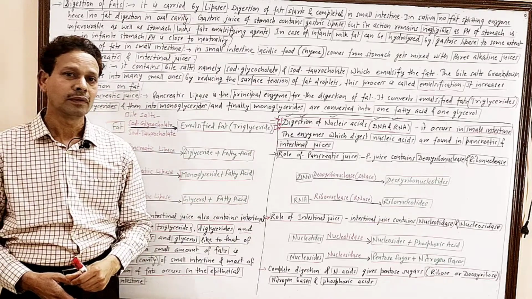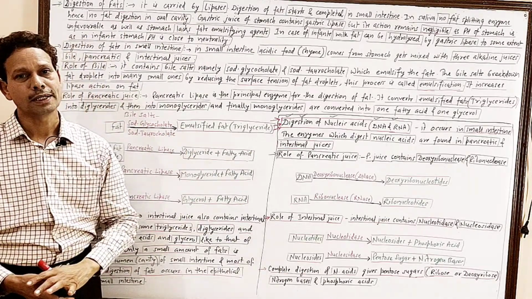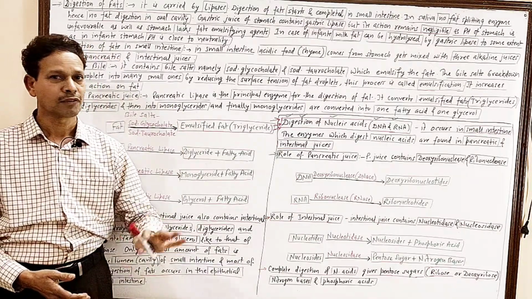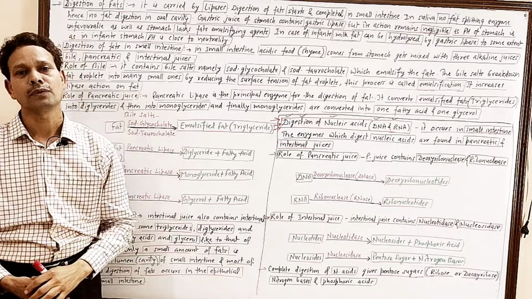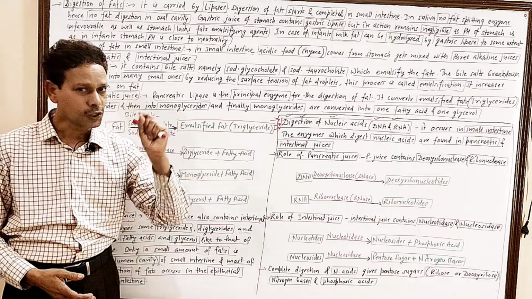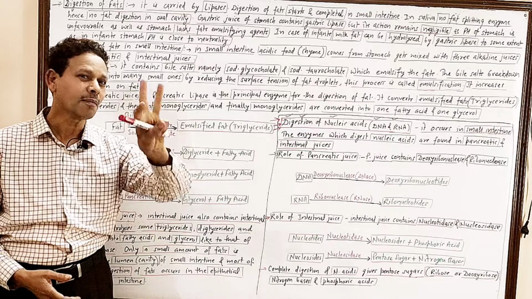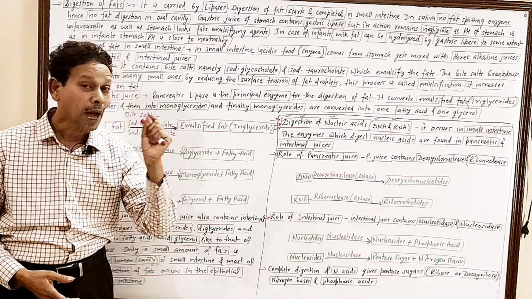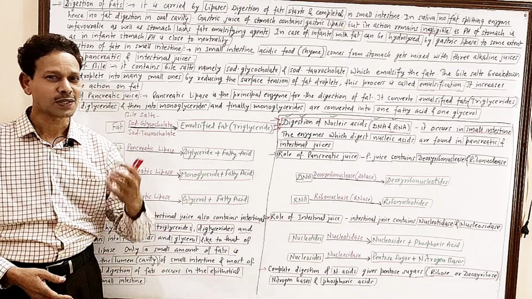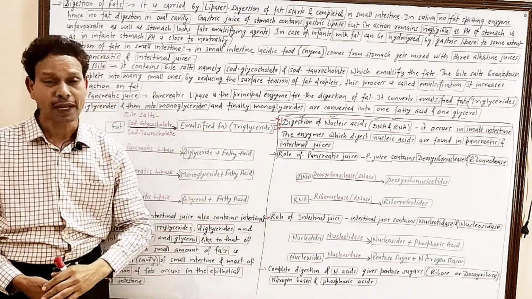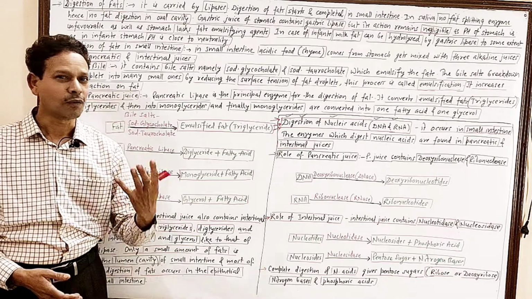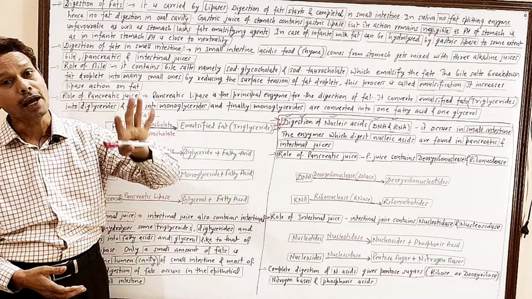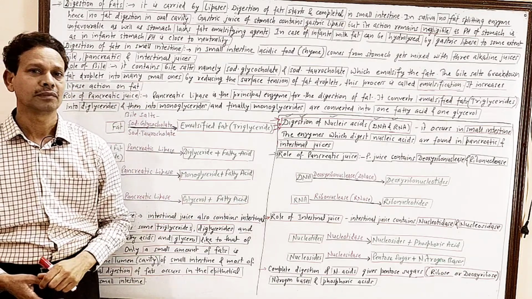Role of bile salts. In the small intestine, three types of juice are present. From the liver, bile juice, and that bile juice contains three important types of salts. Note down, NEET students, sodium bicarbonate, which converts the acidic food, the chyme, into alkaline food.